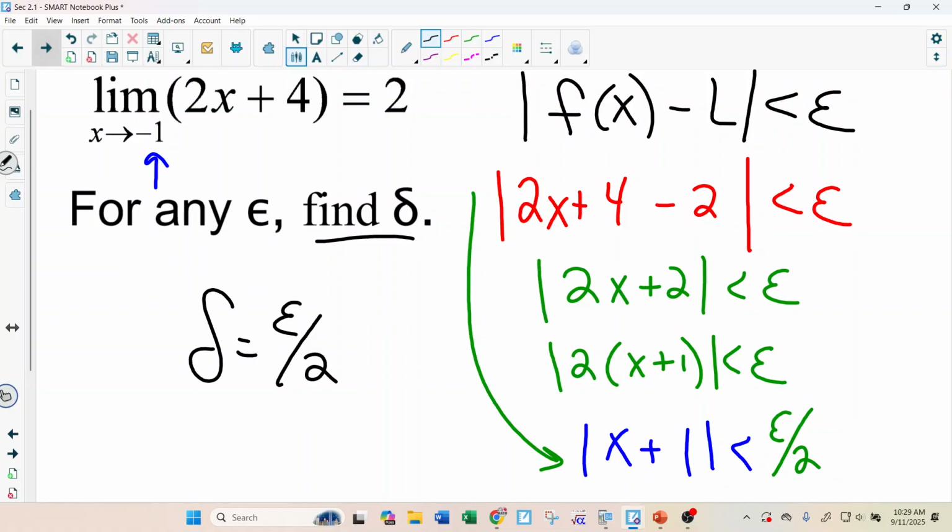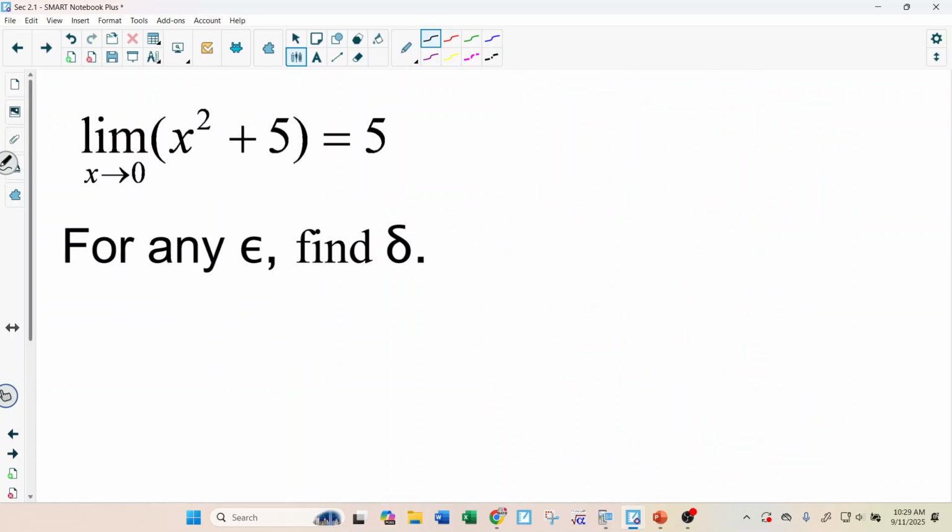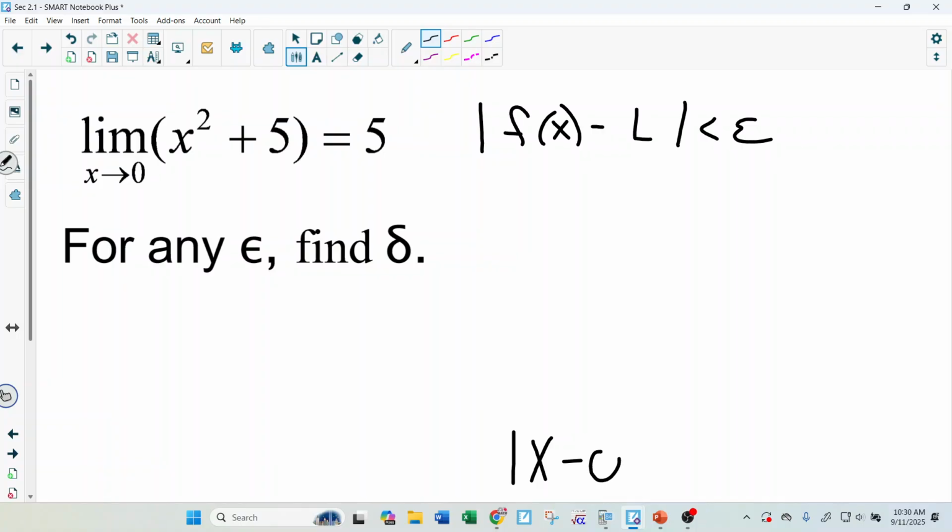For the limit of x squared plus 5 as x approaches 0 is equal to 5, same thing. What do we want to get to at the bottom? x minus 0. Now, I know you don't really need a minus 0 there, but it fits the same pattern that we've been looking at.